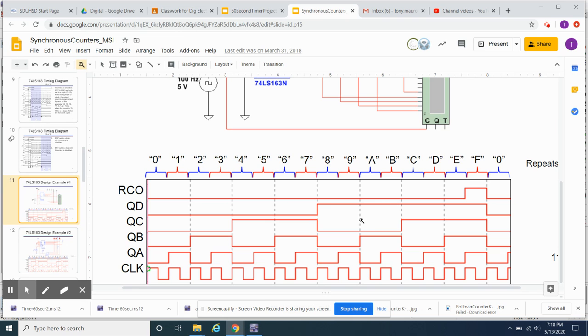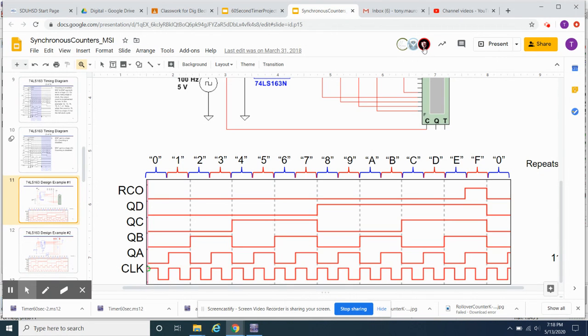All right, well, if we wanted to divide by 10, the only thing we need to do is use the RCO for a load into our 163, and then we can count backwards from there for the number of counts that we want to divide by.